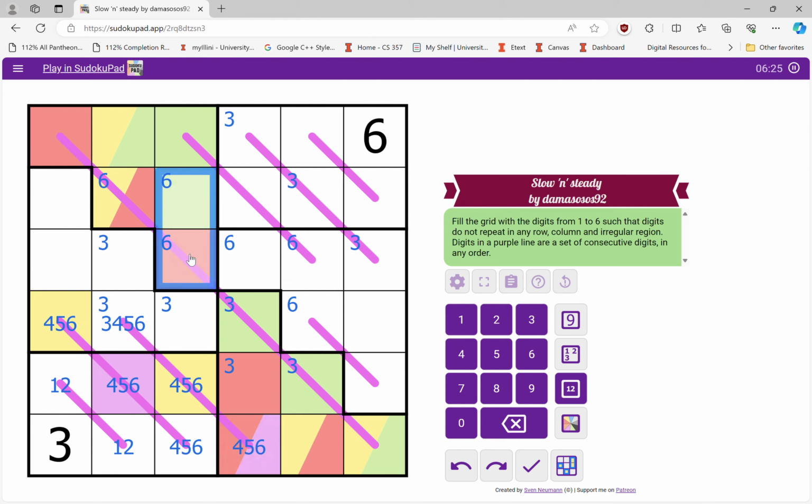Yeah, so let's see. If we have a 6 here, we get 2 6s in both of these spots. Does that do anything? I don't really think so, actually, just thinking about it. Or at least I don't think it does anything super useful. Okay.